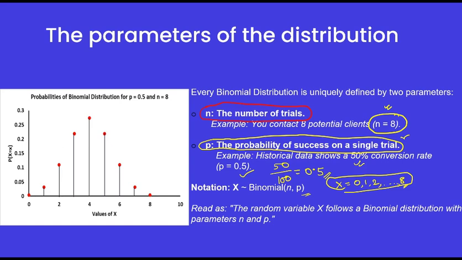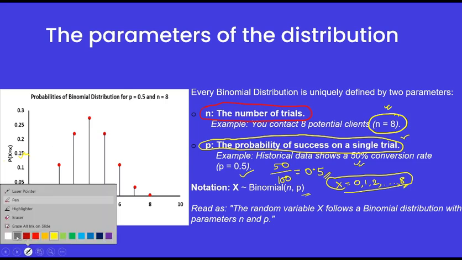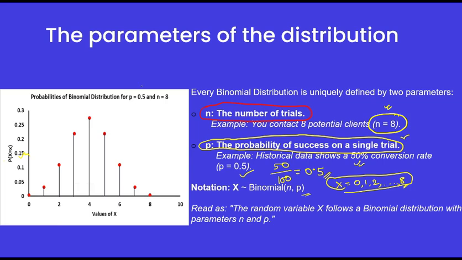Now if we compute the probabilities, which we will see later on, what we will find is, if you look at the diagram on the left side, for p equal to 0.5, n equal to 8, I have computed the probabilities. How? I will show you later on, because our formula is yet to be introduced.